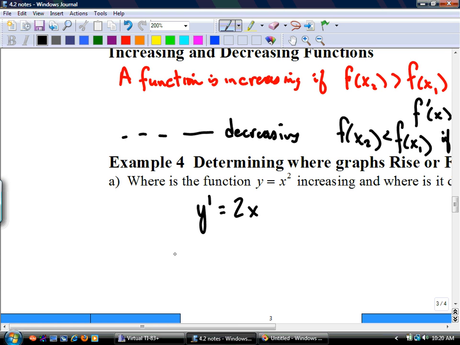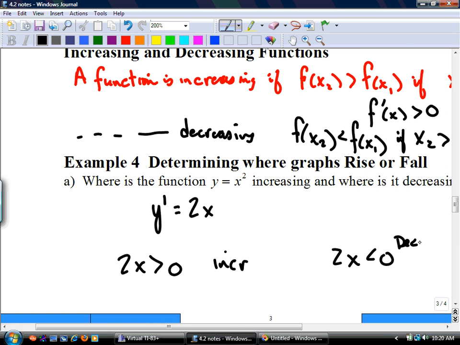So I want you to solve this equation for increasing and this equation for decreasing. This isn't hard, I hope.